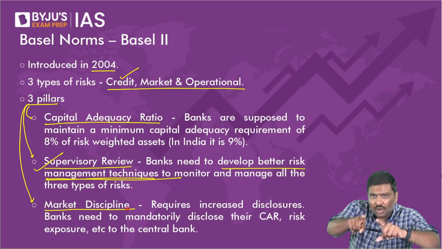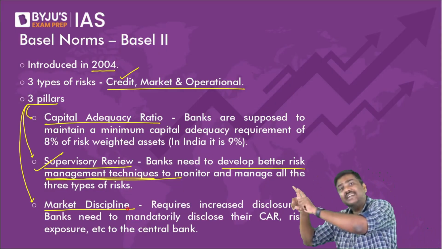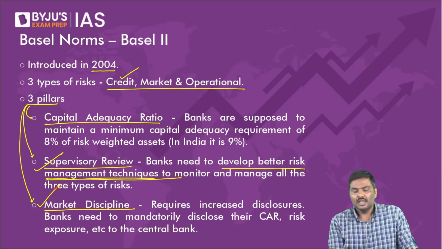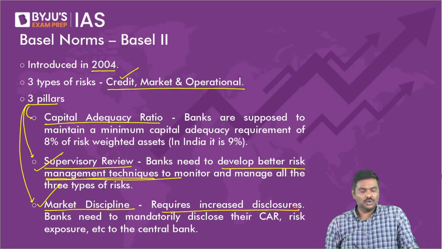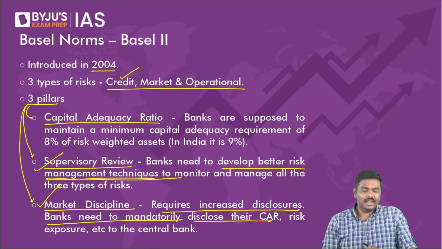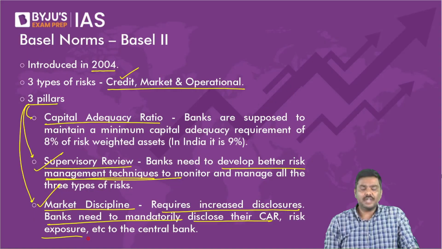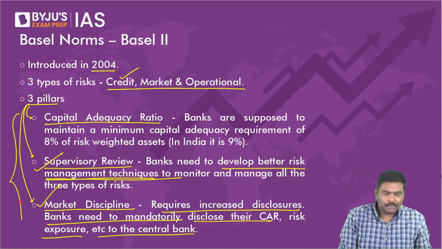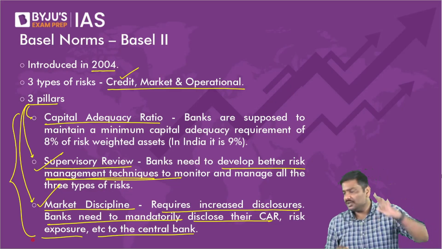They should report all of this information to the central bank. That is called market discipline. It requires increased disclosures. The banks should mandatorily disclose capital adequacy ratio, risk exposure, etc. to the central bank. This is the three-pillar approach that we are following under Basel II.